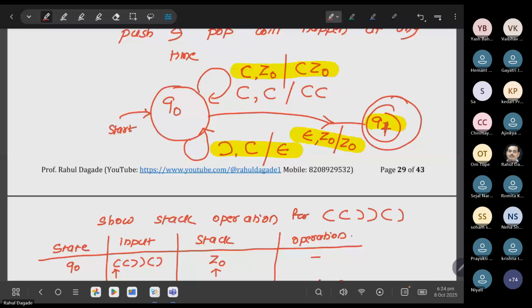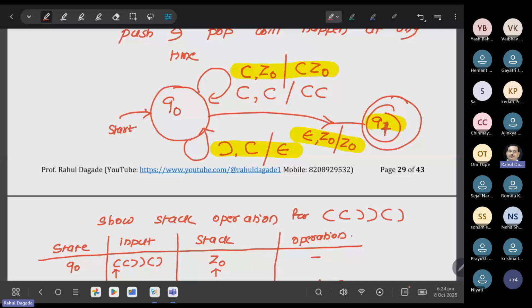Now let us show the simulation for a different input.